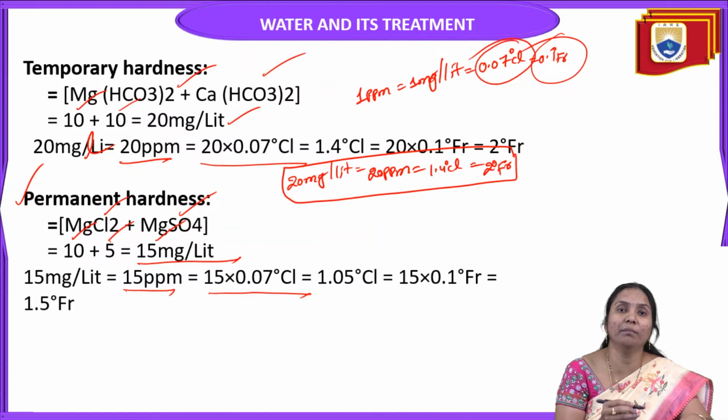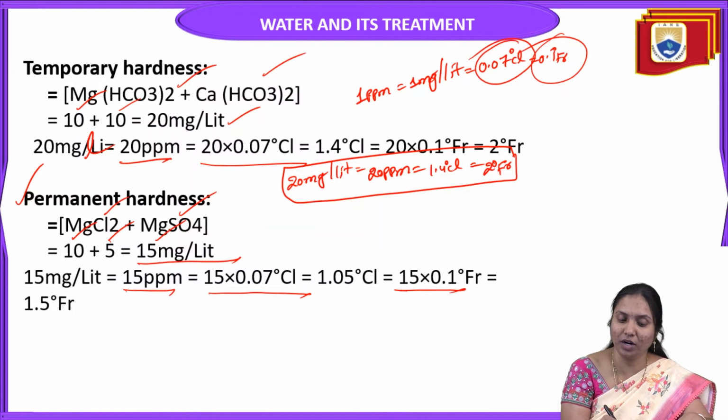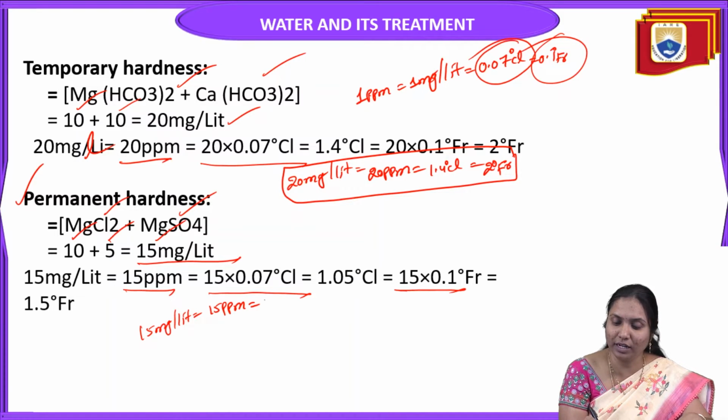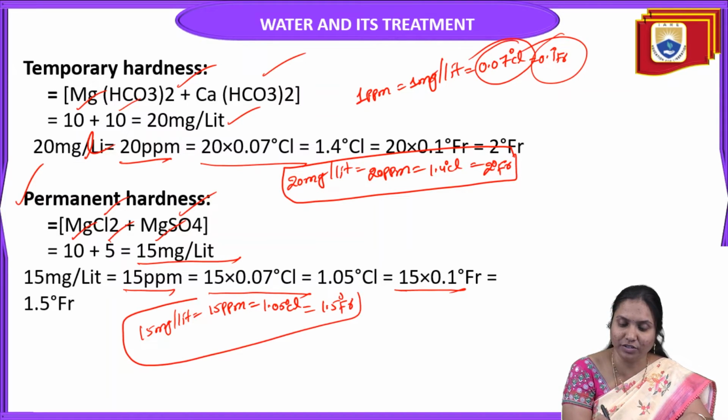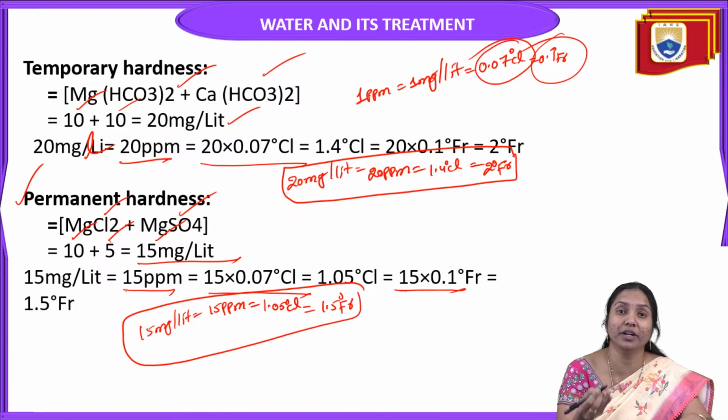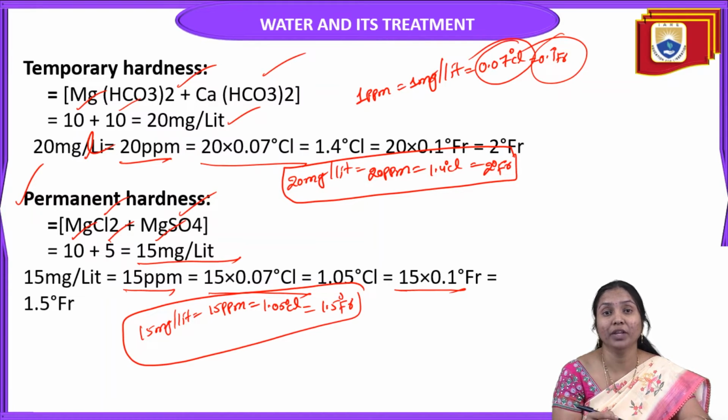So 15 into 0.1 is equal to 1.5 French degrees. So total permanent hardness is 15 milligram per liter, equal to 15 ppm, 1.05 Clerk degree, and 1.5 French degrees. This is the basic relationship. That means permanent hardness is converted into ppm, degree of Clerk, degree of French.